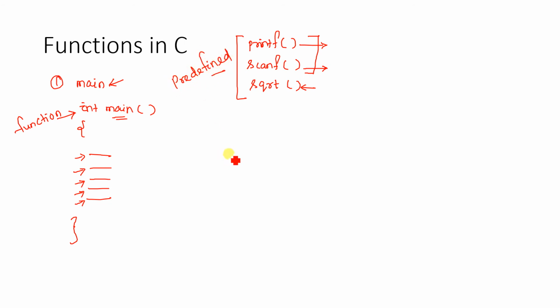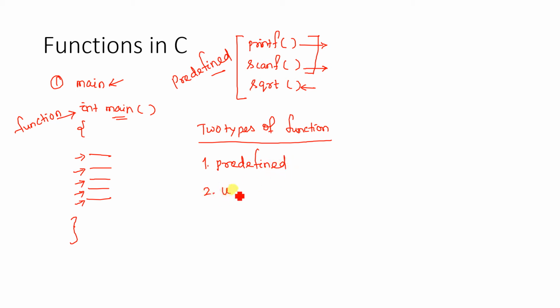In general, there are two types of functions possible in C programming language. The first one is called the predefined function, and the second one is called the user defined function.